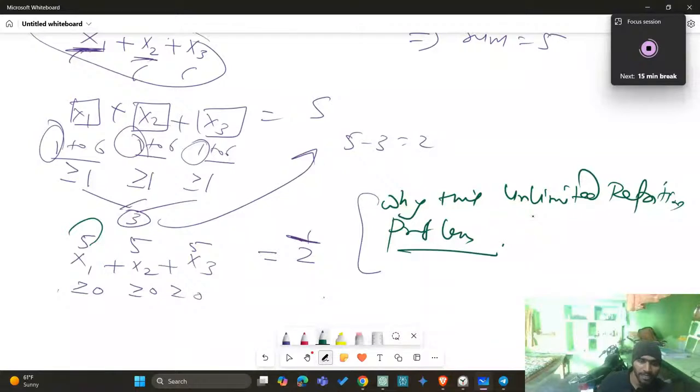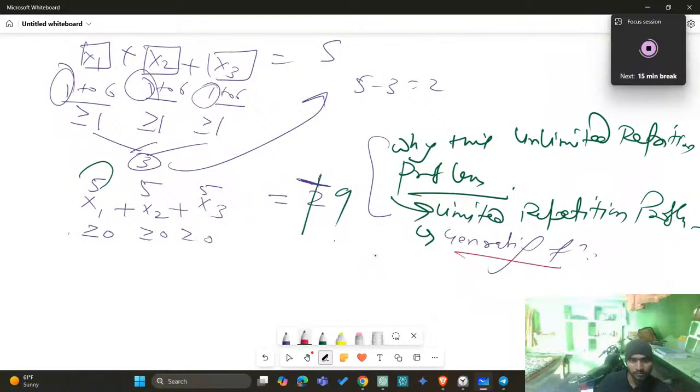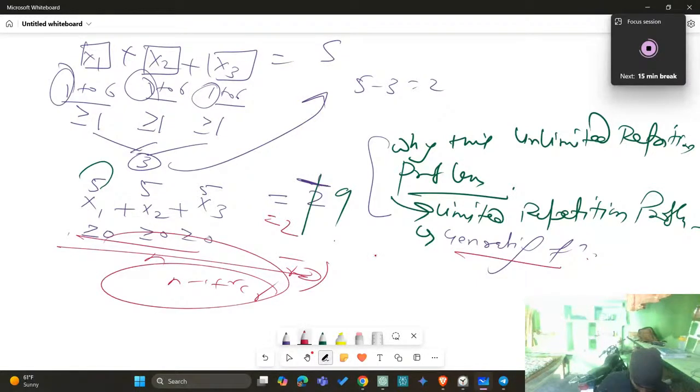If we were to expect a value of, let's say, 9, then this problem would become a limited repetition problem, and we would have to solve it with a generating function. Now we can do this with n minus 1 plus r C r, which is 4 C 2, and get the answer.